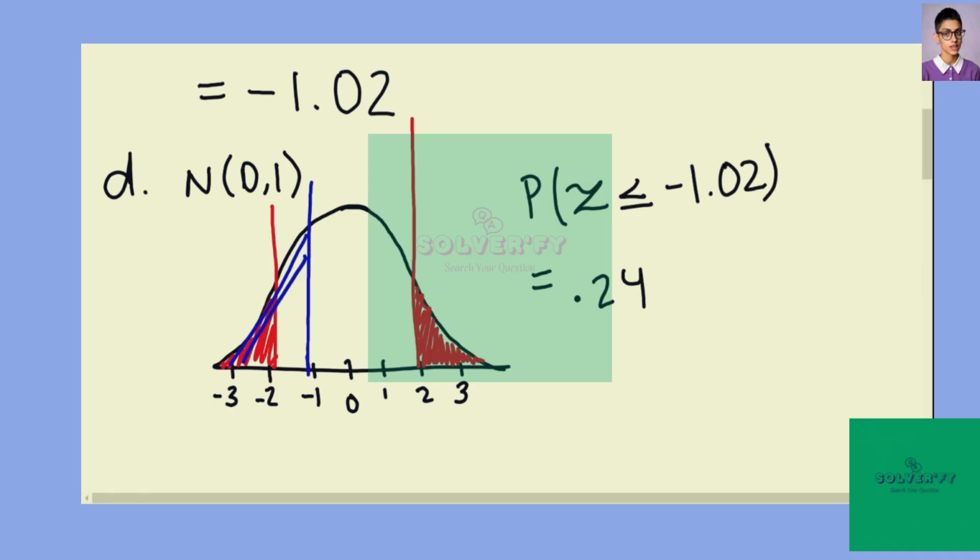That is the probability of this happening. But since this is two-tailed, we can multiply it by 2, because it could happen on either side.